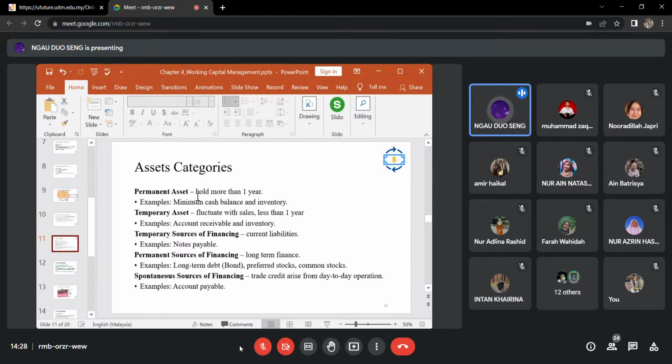For asset category, we have permanent asset, held for more than 1 year, for example minimum cash balance and inventory. Then we have temporary asset, which fluctuates with sales, less than a year, such as account receivable and inventory.